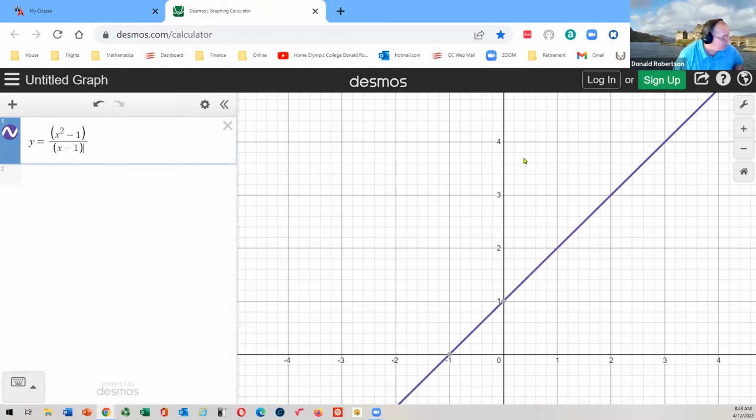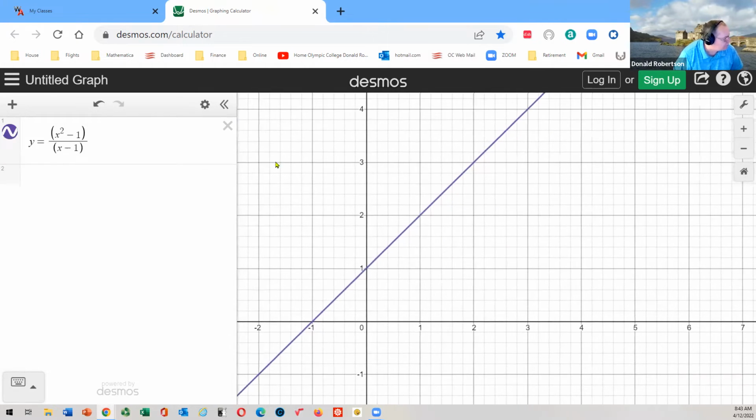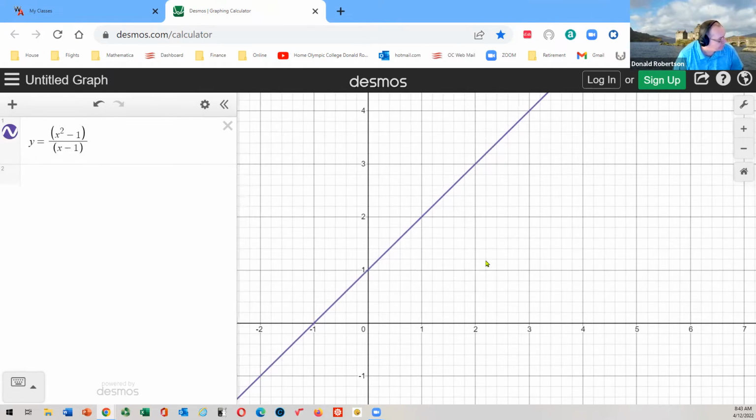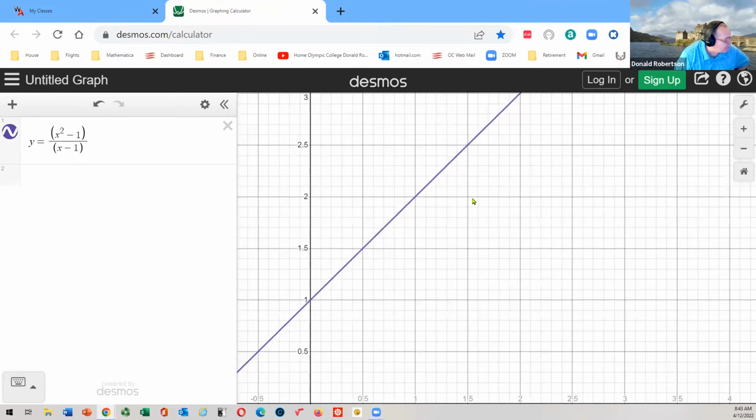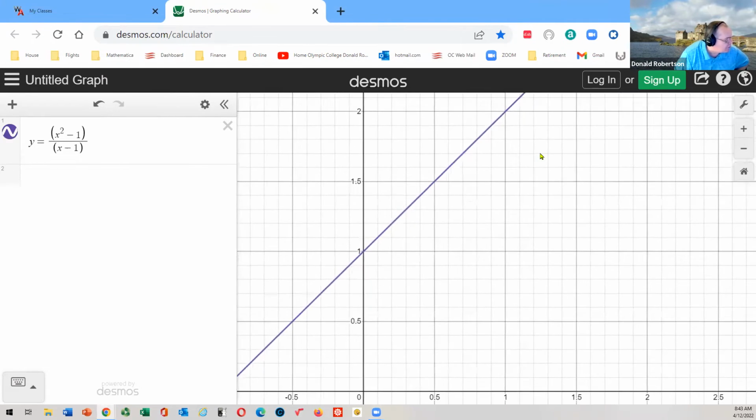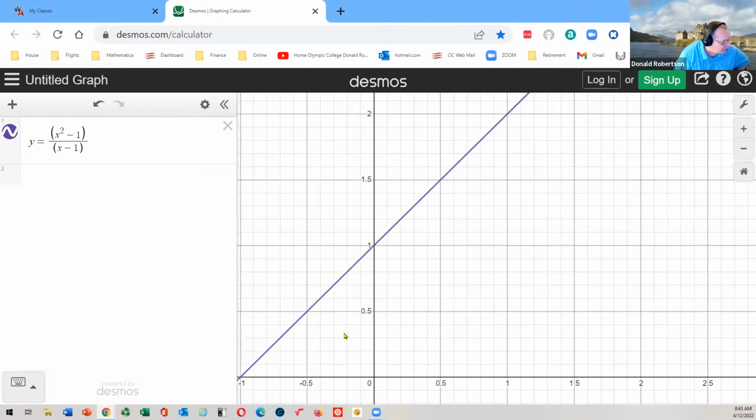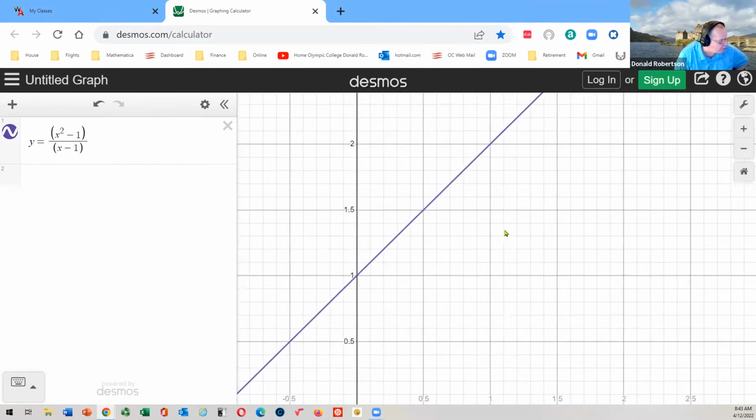There we go. Yeah, just what I thought. If I zoom in, well, a little bit too much, can you see we basically got the straight line that I talked about? And this is x equals 1.